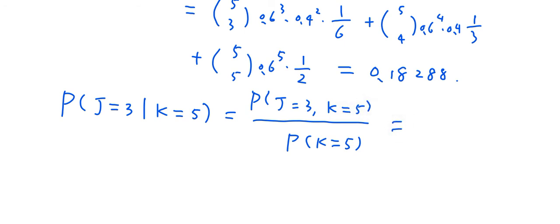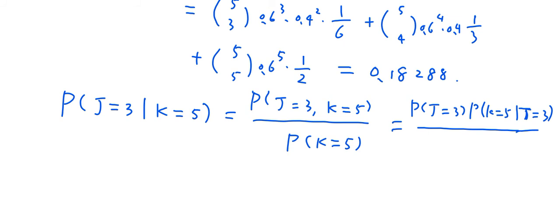So for this one, we can only condition on j. So this equals P(j equals 3), and under this condition j equals 3, k equals 5. These probabilities are equal.